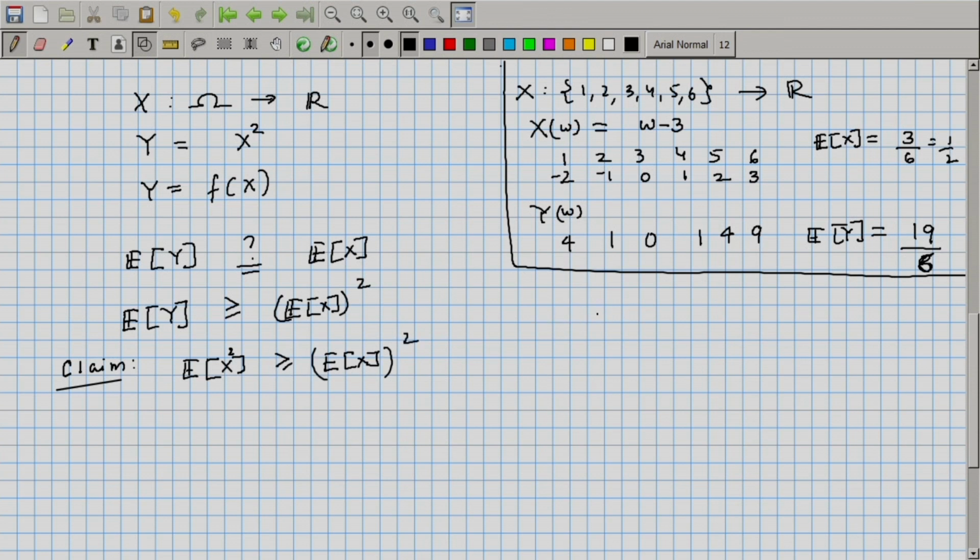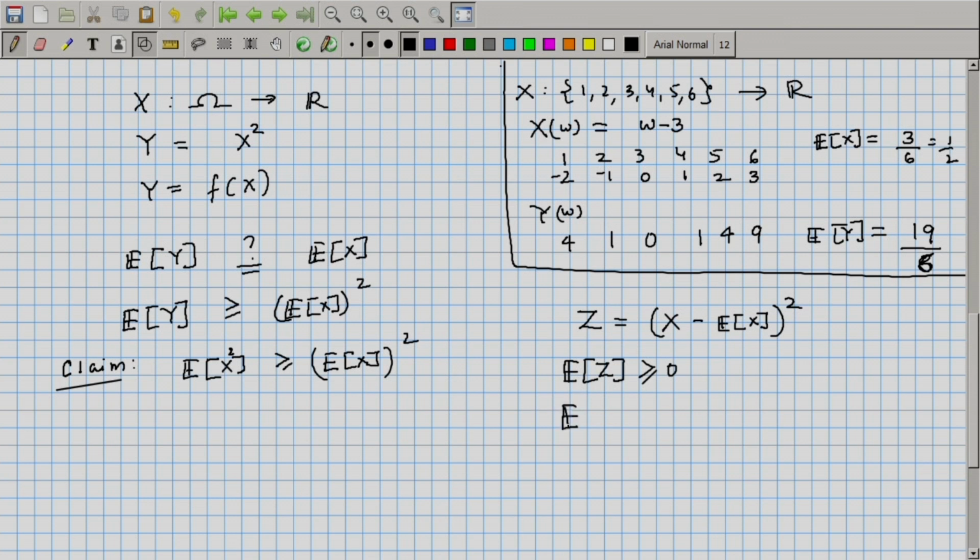So, let us look at this particular random variable, Z equal to X minus expectation of X the whole square. Clearly, Z is a random variable which is always positive. Okay. As Z is always positive, we know that expectation of Z is also going to be greater than or equal to 0. Okay. But what is expectation of Z?